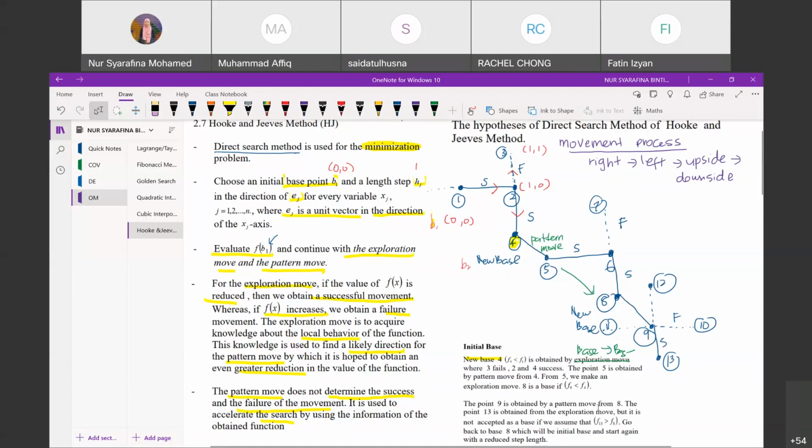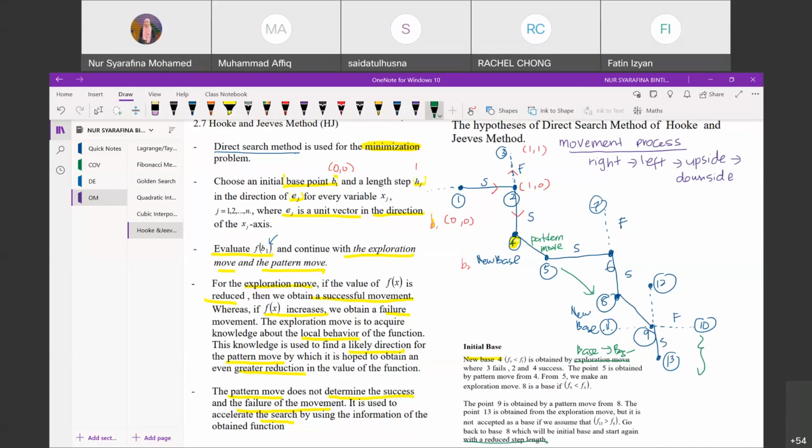Then the point 9 is obtained by a pattern move. The point 13 is obtained from the exploration move, but it is not accepted as a base if we assume that f13 is greater than f8. So somehow there is a condition that there will be no change within the base. Let's check the example after this. Then we go back to base 8, which will be our initial base, and start again with a reduced step length.